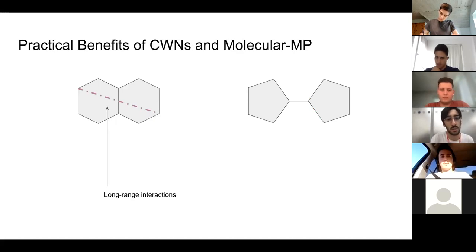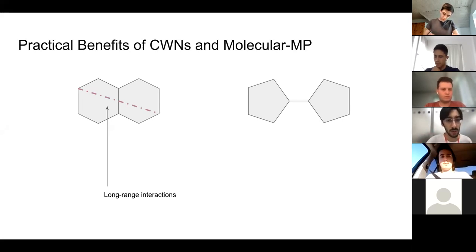But in turn, this means that transitively we create shortcuts between nodes. And it means that we need a smaller number of layers to allow the information from one node to propagate to another node if we have rings in between, intuitively.